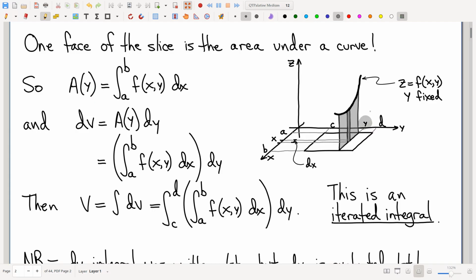Okay, now y is fixed. And then I compute that cross-sectional area. But yes, you're quite right. It will be a variable as I look at all the slices and add them up. So we're going to have to sum up all the slices. That's right, and we're going to do mechanics in just a minute.